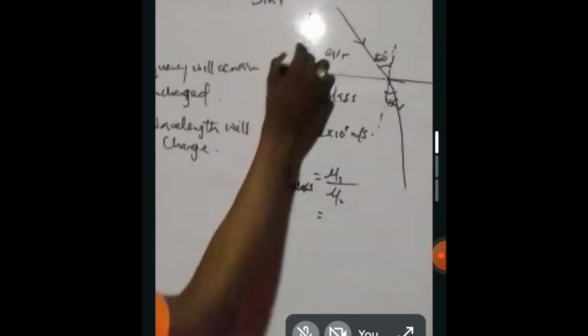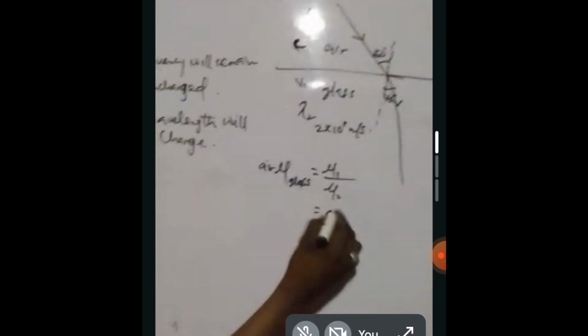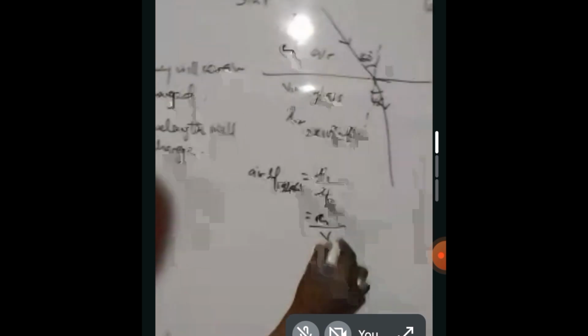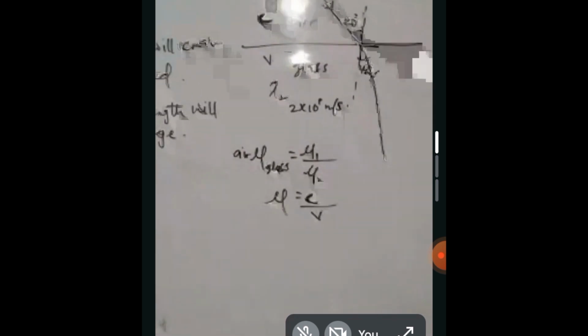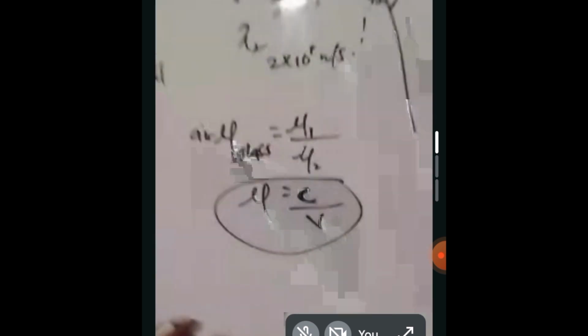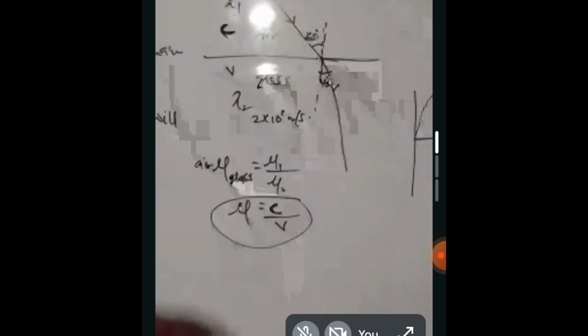Now that equals the speed of light in air, C, over the speed of light in glass, let me call it V. So this is a formula. This formula is very important. This is the reason I'm explaining all these things, just to derive this formula. So refractive index equals the speed of light in air over the speed of light in the other medium.